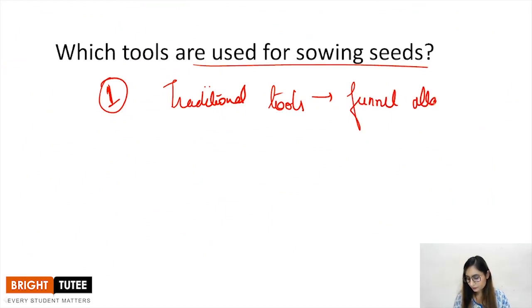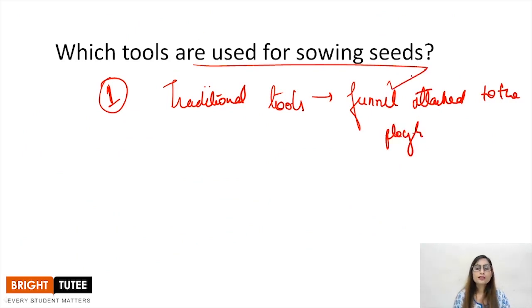A funnel attached to the plow. There is a tube which is joined with the end of the plow, so that the soil is plowed and the seeds are also sown at the same time. So this was the first traditional tool.